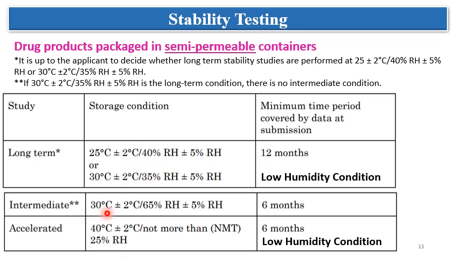Then intermediate is 30-65. Accelerated is 40 and not more than 25% RH. So this is accelerated, this is long term. But here you can see the intermediate condition is 30-65. The exact reason for this I have not understood, but still you can consider that if the product is stable at 25-40 and 40-25, then this is somewhat different type of intermediate condition.